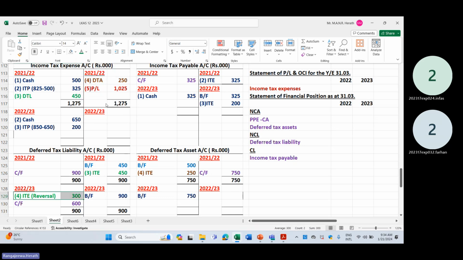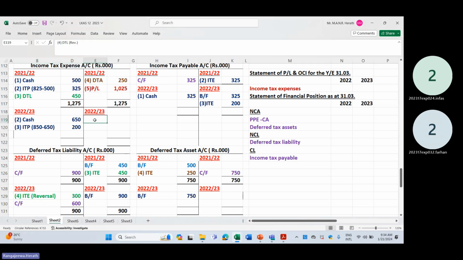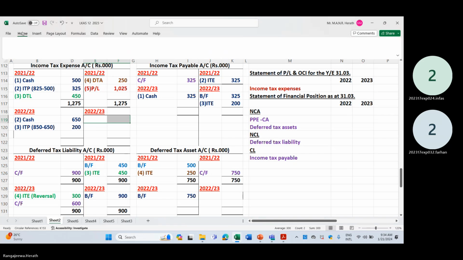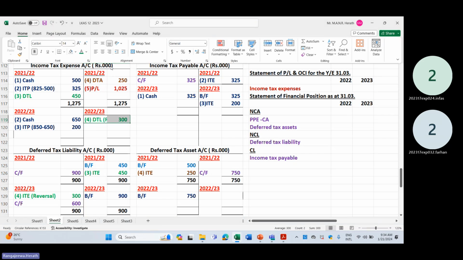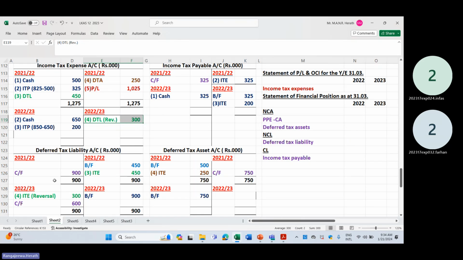That means it should credit the income tax expense. එක අපි credit කරනවා tax expense එකට. That is the deferred tax liability reversal.